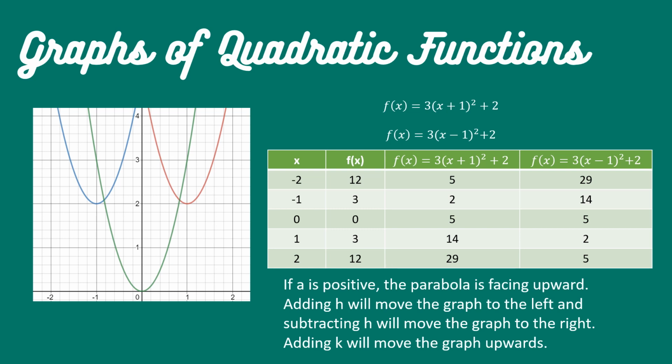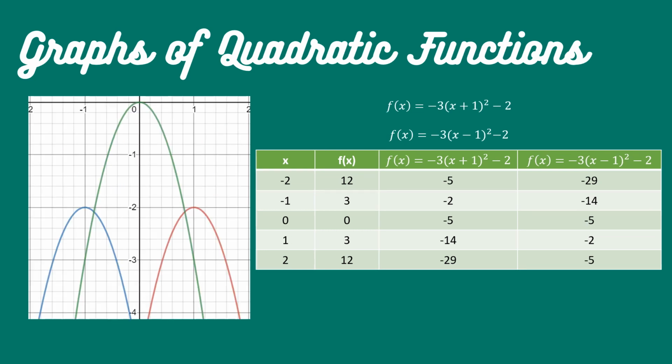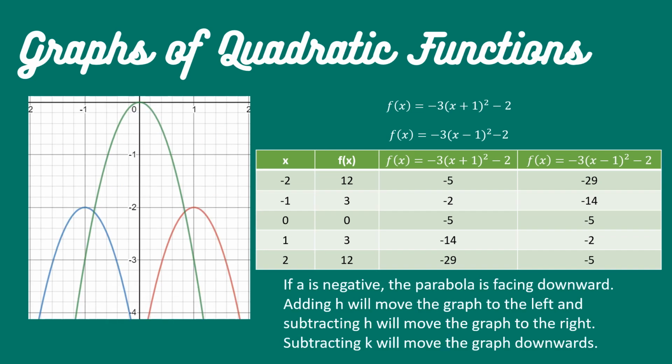Adding k will move the graph upwards. Subtracting k will move the graph downwards. So that would be all for graphing.